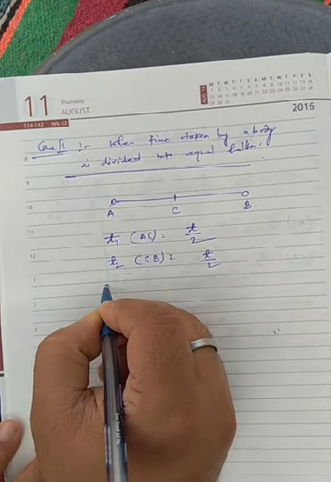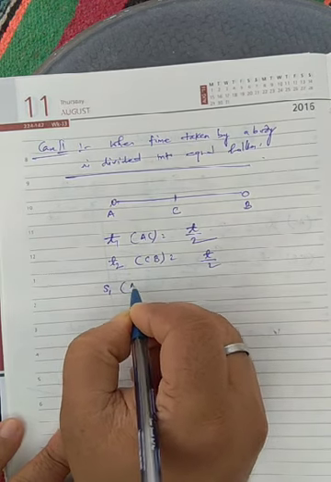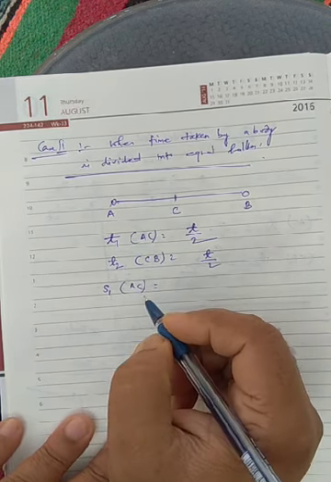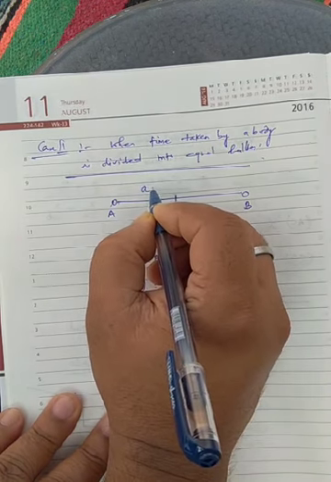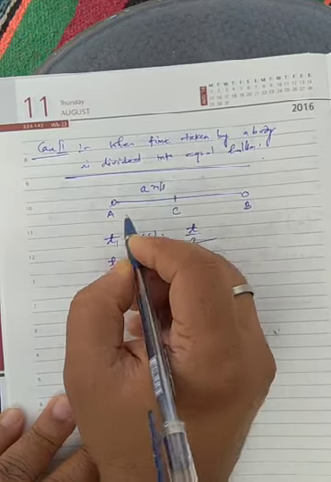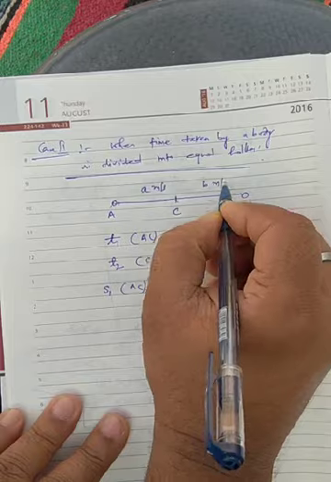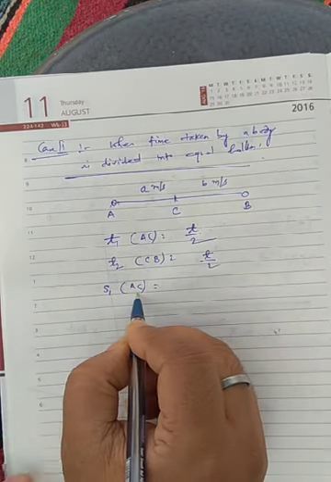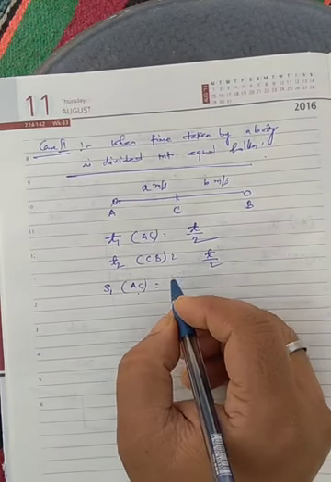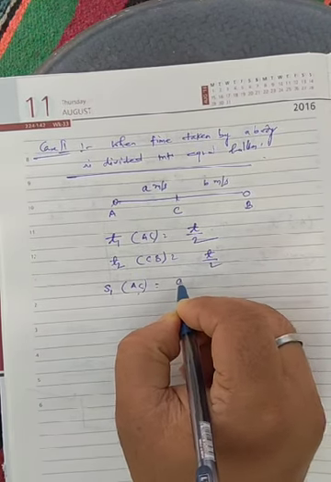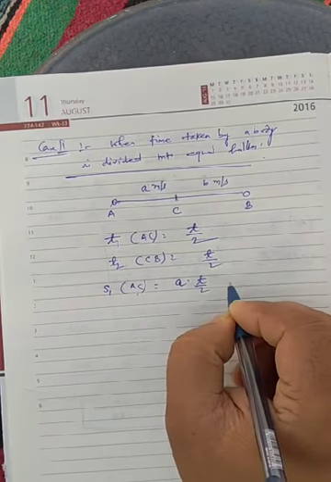Now what will be the S1 distance? So distance AC will be speed into time. What is the speed I have considered in the earlier case? A meter per second between A to C and B meter per second between C and B. So S1 equal to speed A into time T by 2.